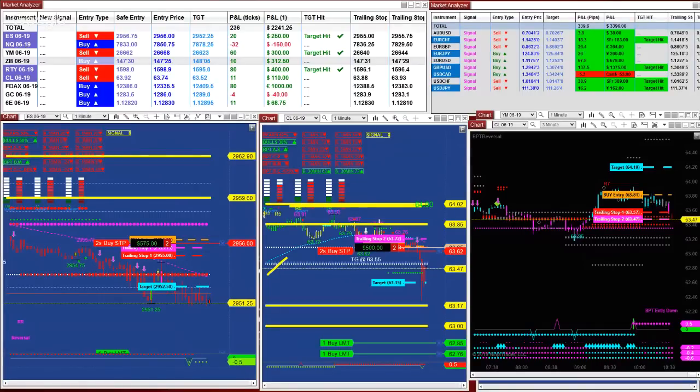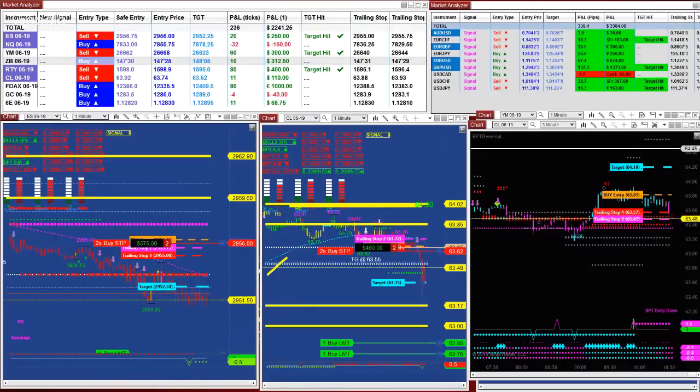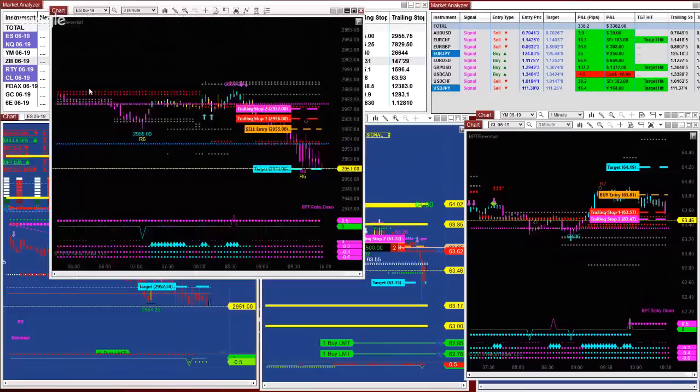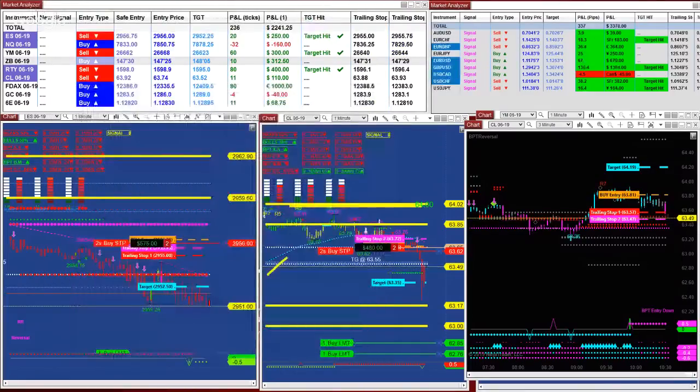Let me show you something from the full automated. From the full automated ES, the one we just took, let me show you where.